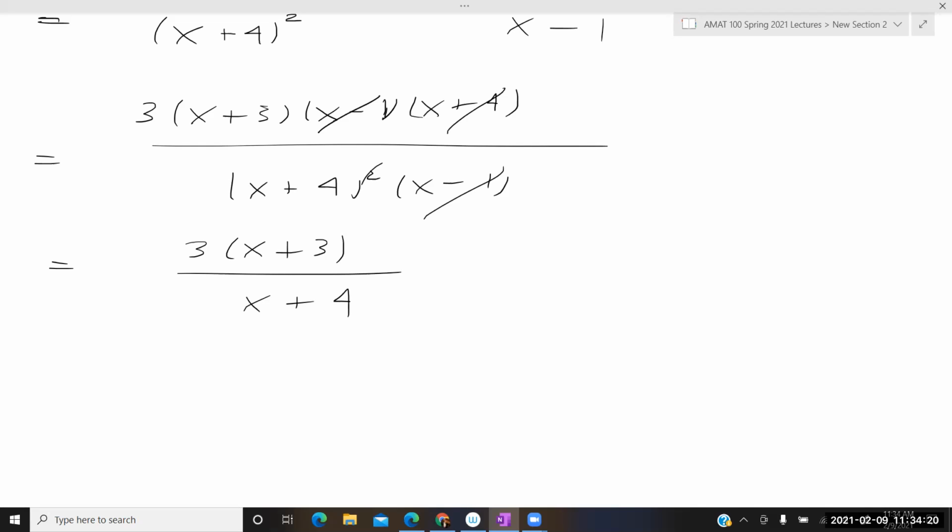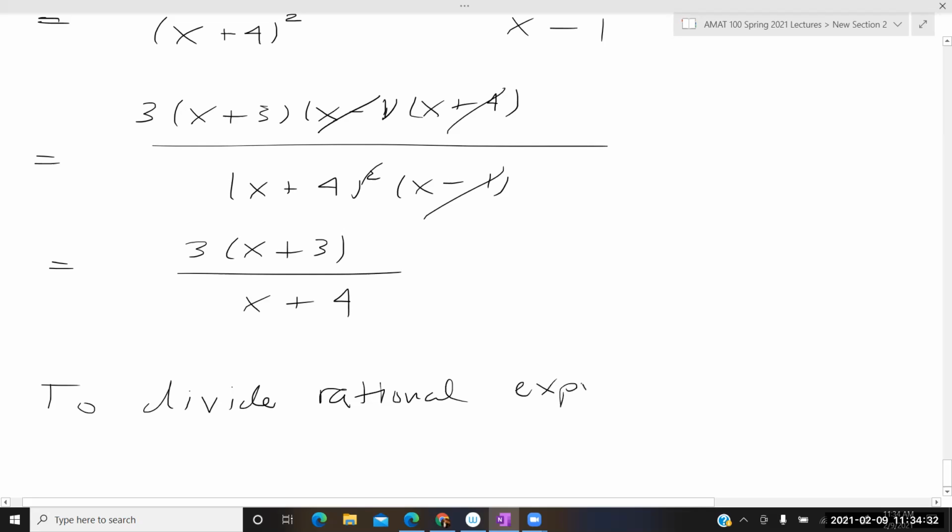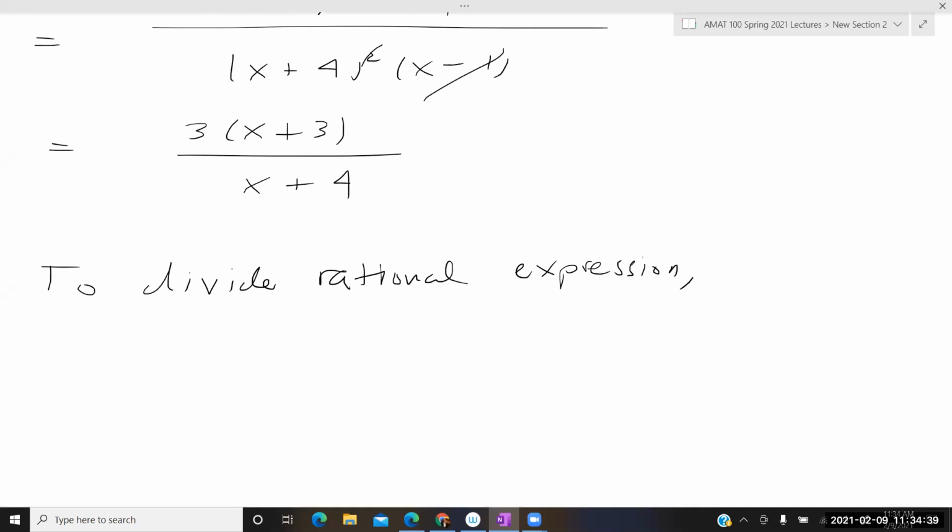So now we looked at multiplying rational expressions. To divide rational expressions, we just use this rule. It basically reduces down to just multiplying the rational expressions.